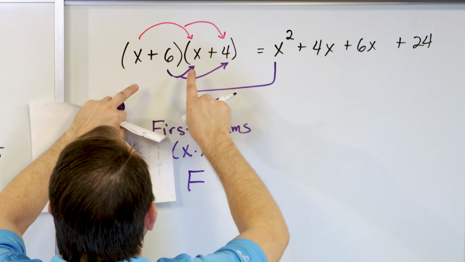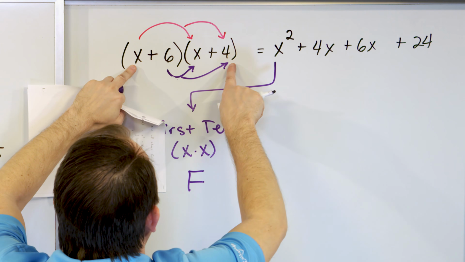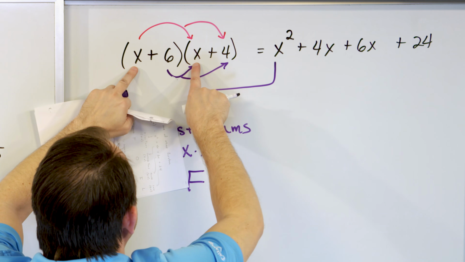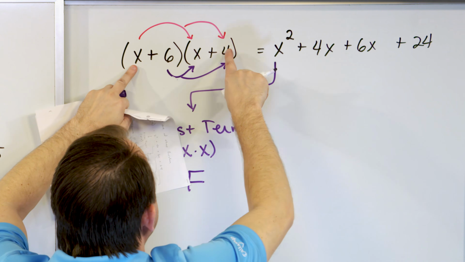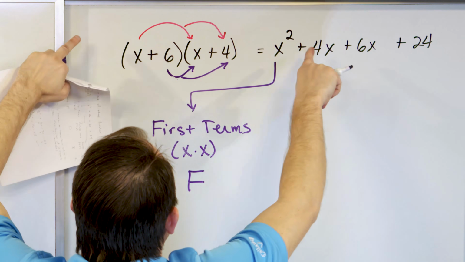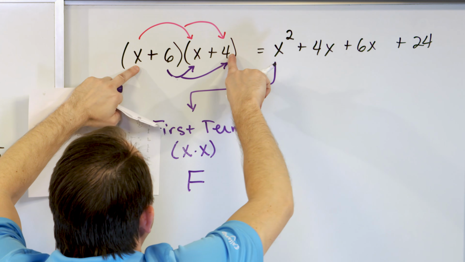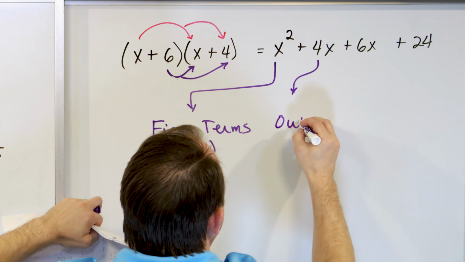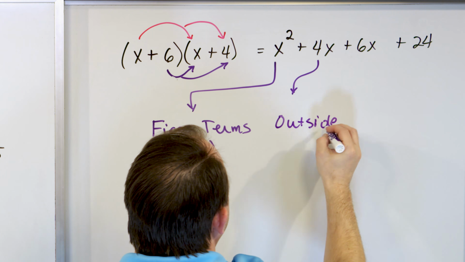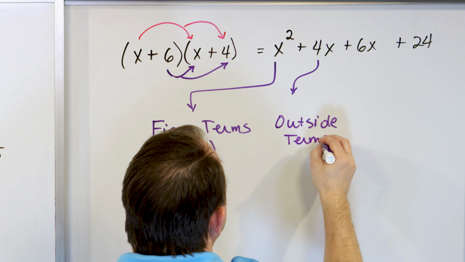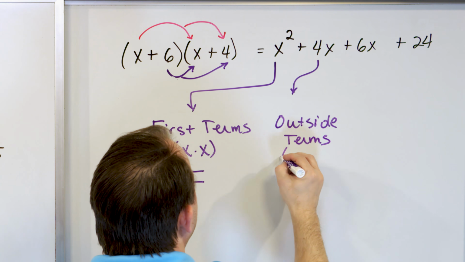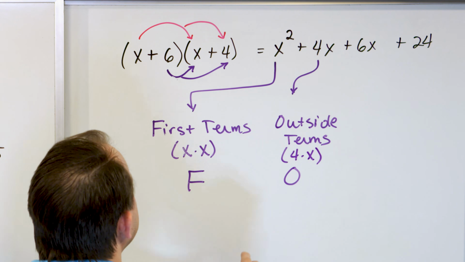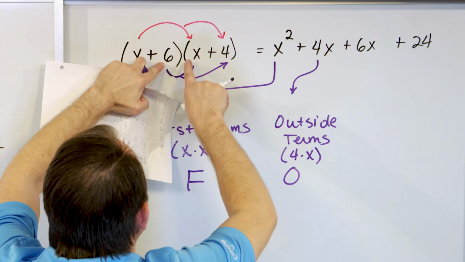And then after that, we multiplied x times 4, but these are the outside terms. They're on the outermost part of the parentheses. So we call that O, and that was 4 times x. Then notice that we multiplied the 6 times the x.